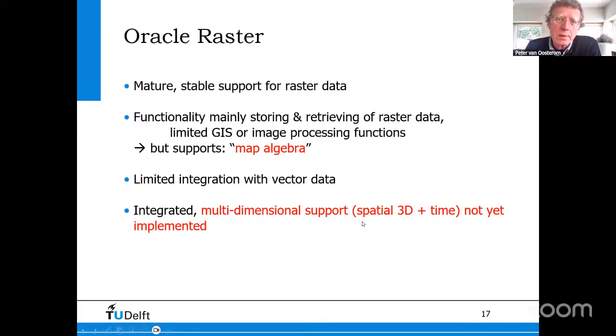It does support 3D rasters and time, so you could even say 4D rasters at most. But it is possible in the structure to specify it, but the implementation support is not yet there. So you are limited in simple 2D with bands, so image bands and specifications.